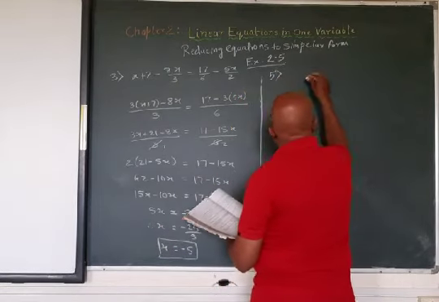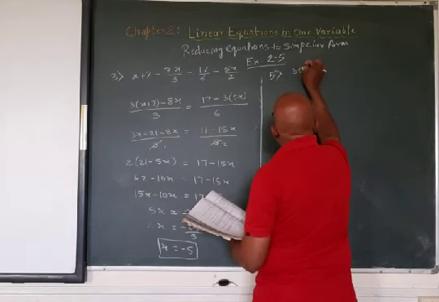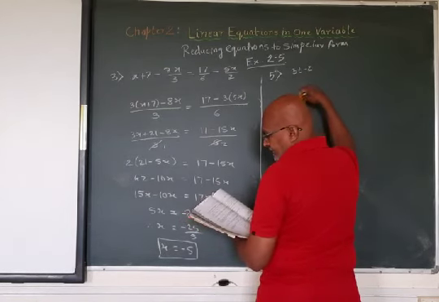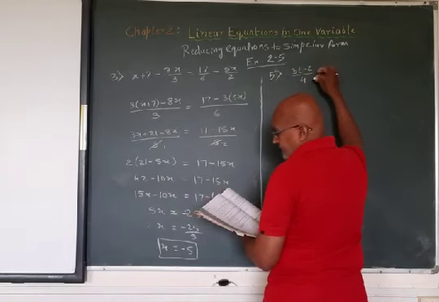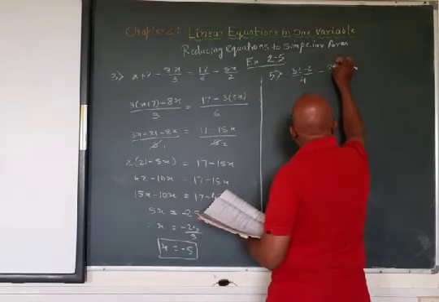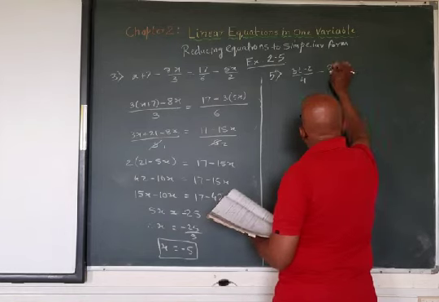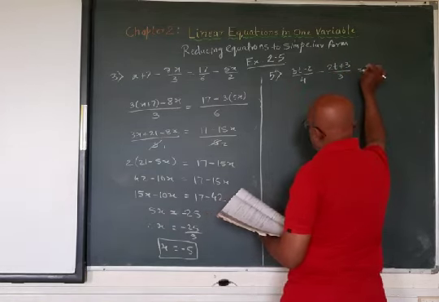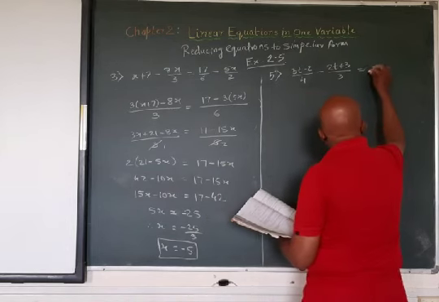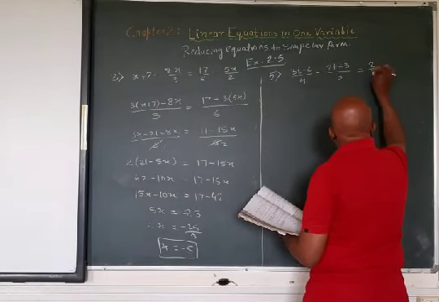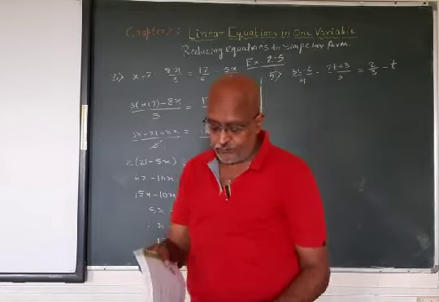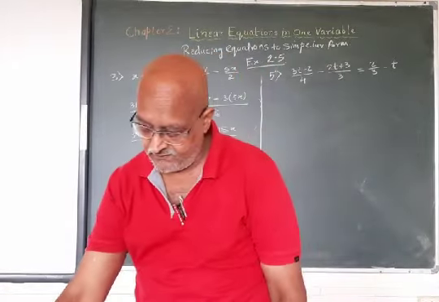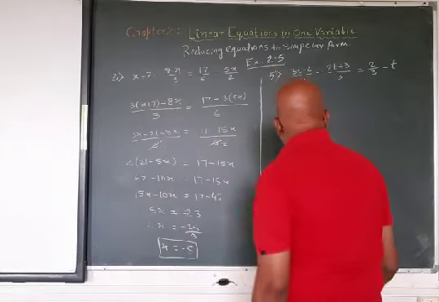It is (3t minus 2) upon 4 minus (2t plus 3) upon 3 equal to 2 by 3 minus t. So this is the next equation we are going to solve.